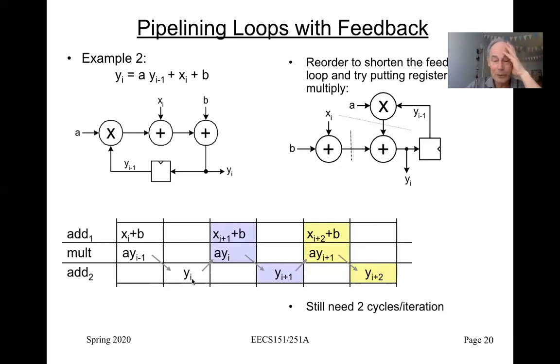And as before, we really can't overlap the next iteration, so the y sub i is needed for this next calculation here, and this is needed for this. So we get this kind of dependency chain. That's why this computation gets spread out in time like this. It's because of the dependency. So we still need 2 cycles per iteration.